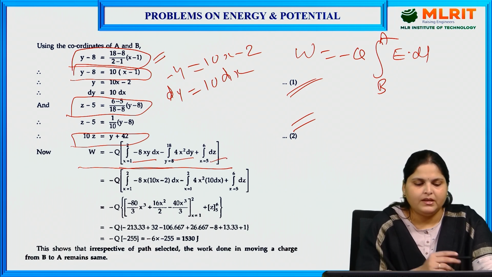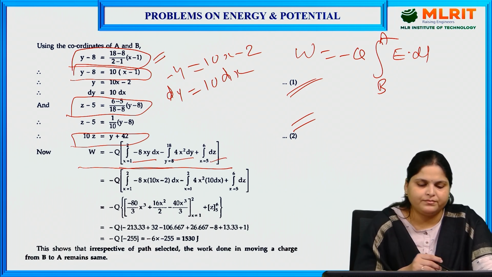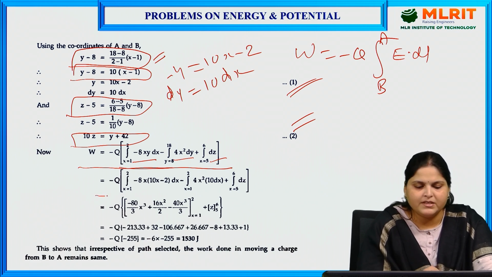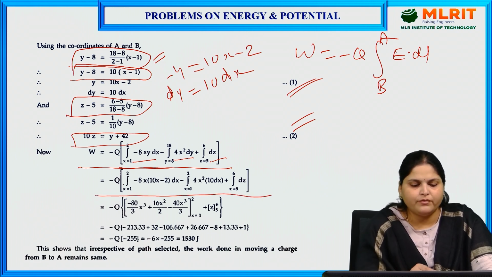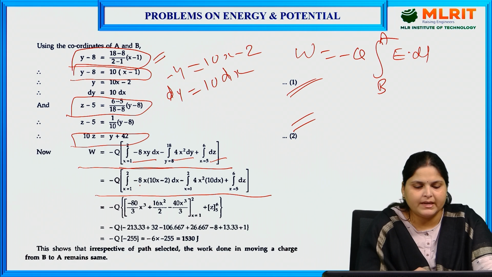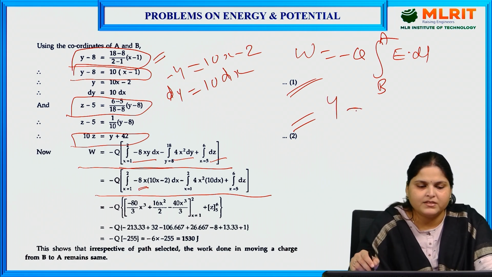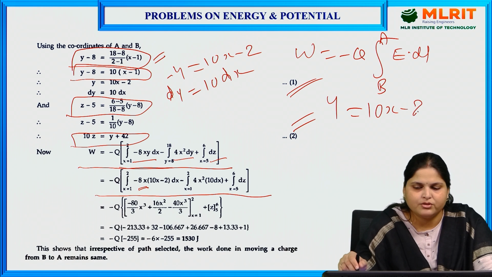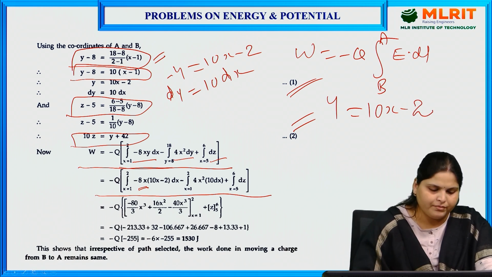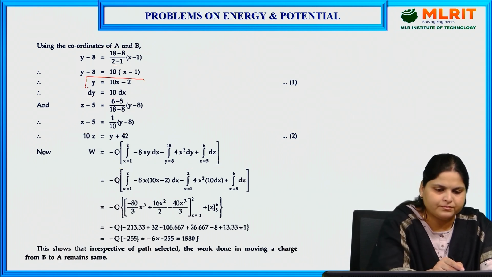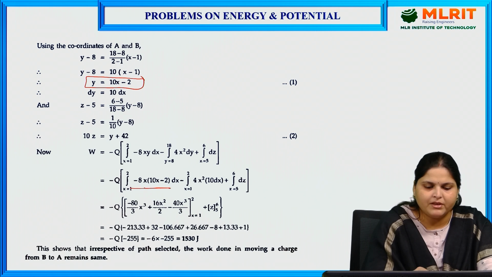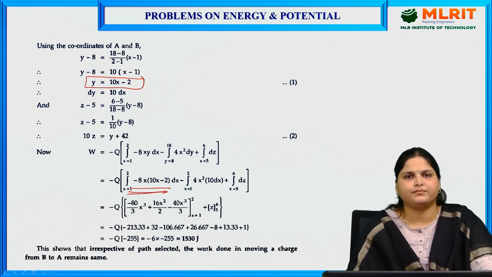Now here we are going to use minus q into integration of x from 1 to 2 of minus 8x. Instead of y, we have y is equal to 10x minus 2 from this equation. So same thing we are going to put in this equation.